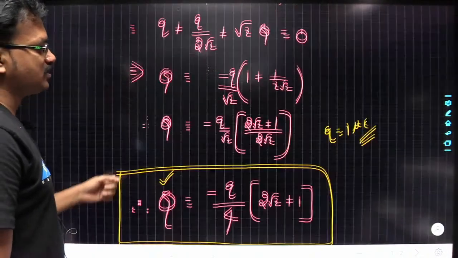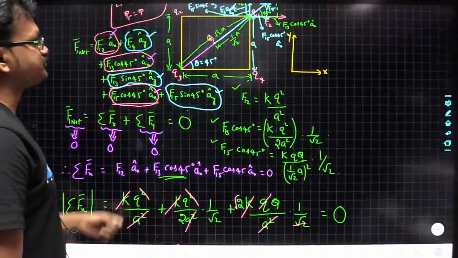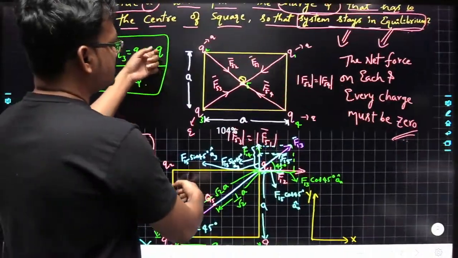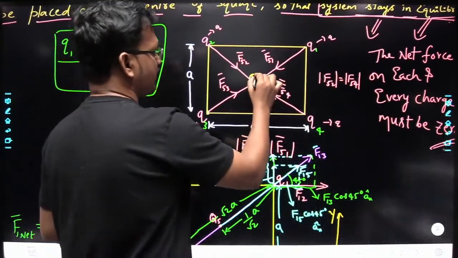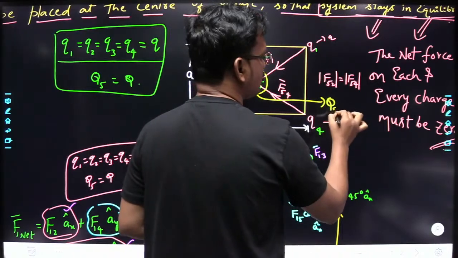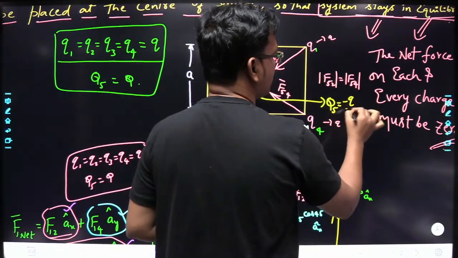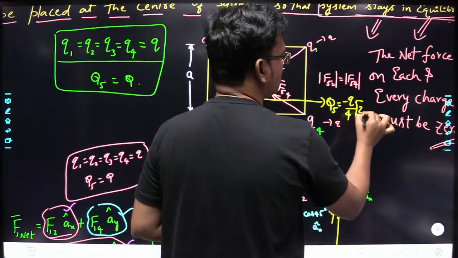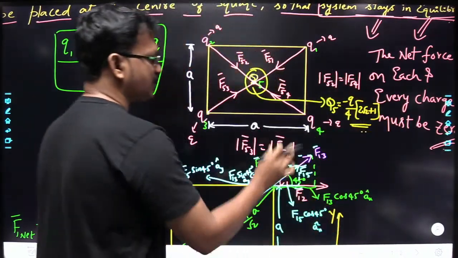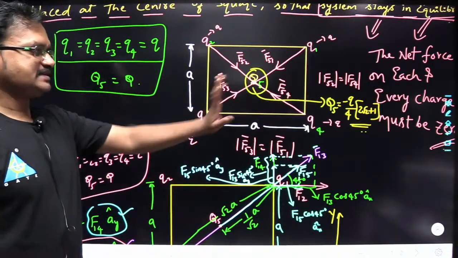So here in this problem, this Q5 is equal to minus Q by 4 into 2 root 2 plus 1. So that is the charge that you have to place exactly at the center.